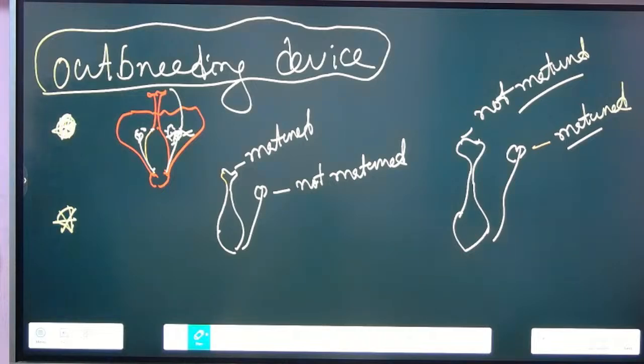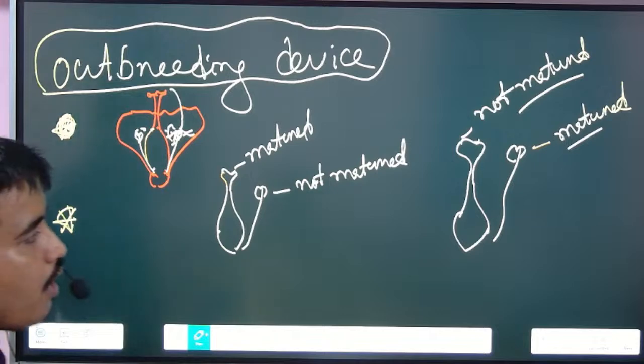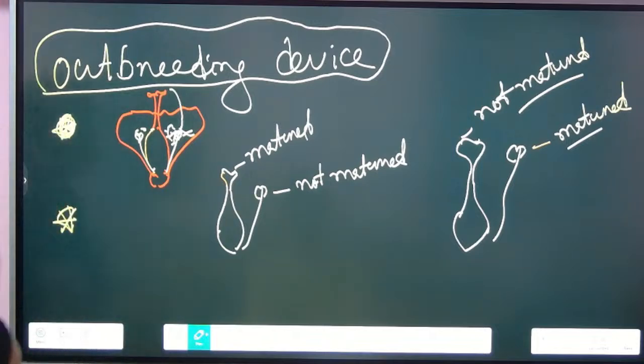Then there is a huge chance of adaptation, isn't it? If you don't mix features, then the features will be limited. The features we are having now will continue. So if you mix some features, there is a chance for adaptation, because numerous features will add on, isn't it? Got it?